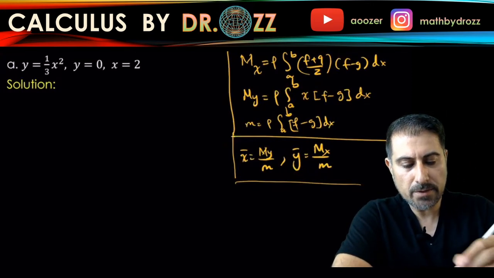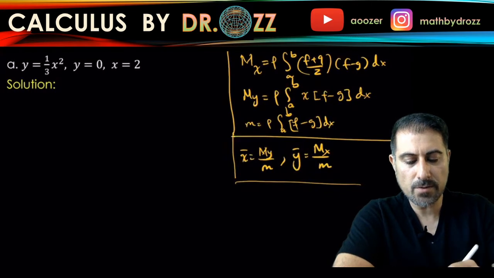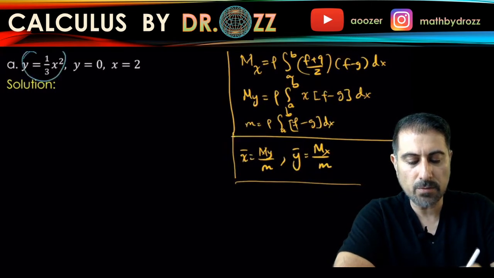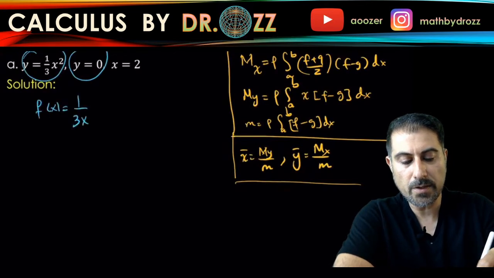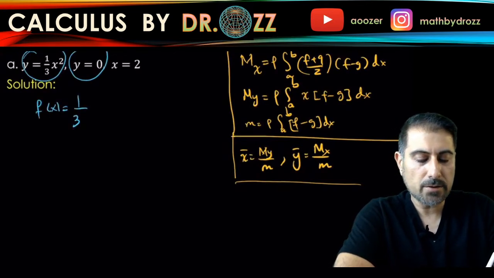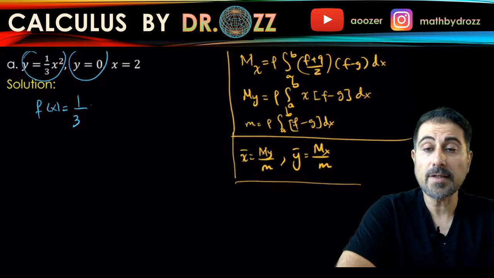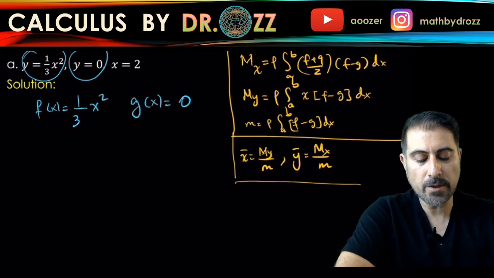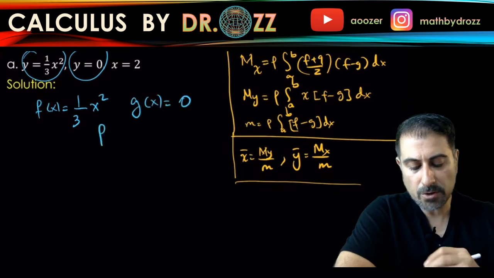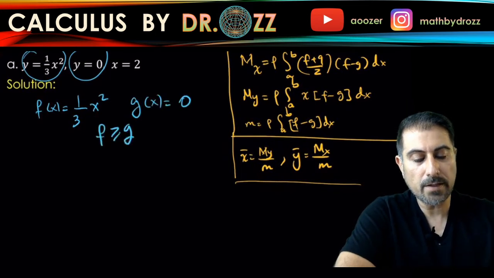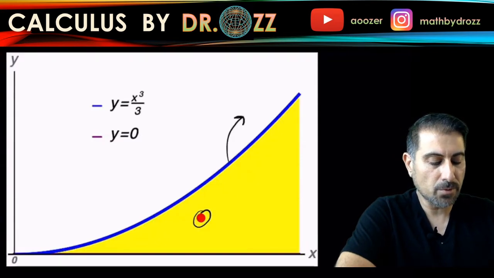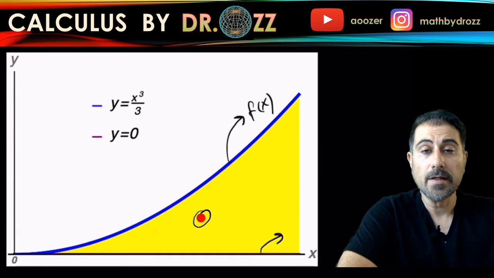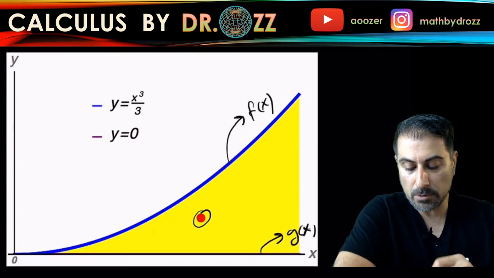So we're going to label f and g here. If you compare these two functions, so let's say f of x equals 1/3 x squared, and g of x equals 0. Obviously, f is always greater than or equal to g, and in fact, in the region, as you see, the blue curve is f of x, and the x-axis serves the role of g of x.